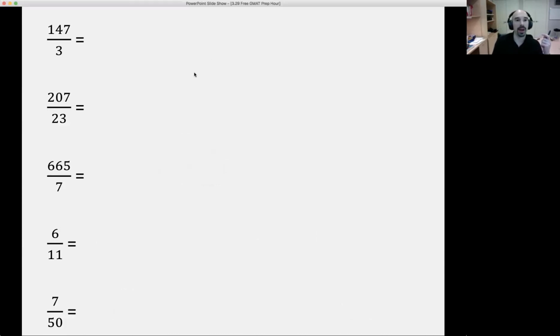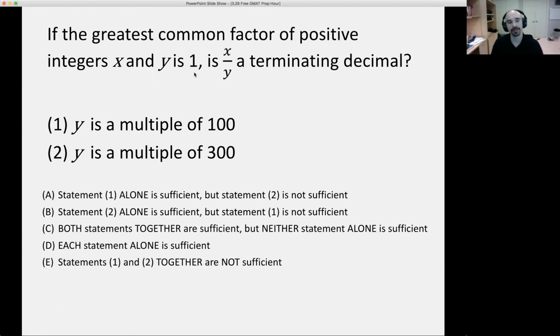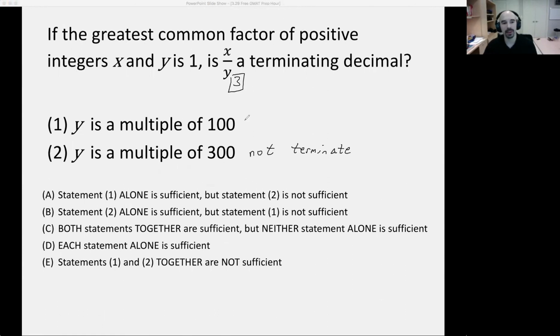And so when we go back to that data sufficiency question, knowing that the fraction is fully reduced, statement 2 tells us, hey, you have a factor other than 2 or 5 in the denominator. That will not terminate. In statement 1, I don't know if I have factors other than 2 and 5. I know I have 2s and 5s for sure.